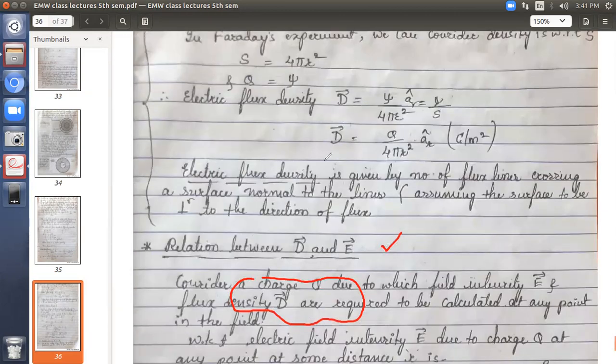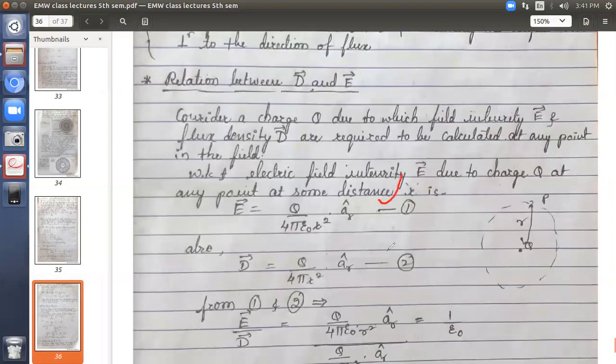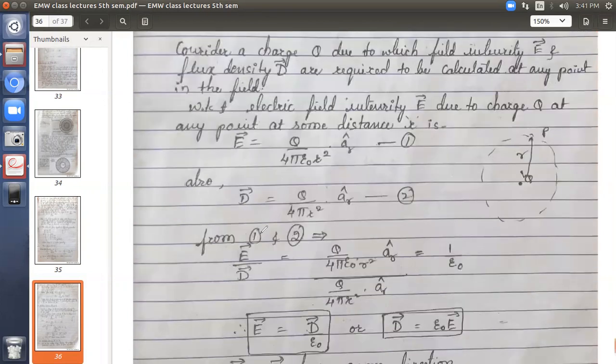What is flux density? It is the flux passing through the area of the sphere, Q by 4 pi r square. I have written both the equations. Try to compare them, or you can take the ratio, and you will get the relation. I am taking the ratio; you can take 2 by 1 or 1 by 2, it doesn't matter. I have taken 1 by 2. E by D will be equal to, some values get cancelled, Q over 4 pi r square.